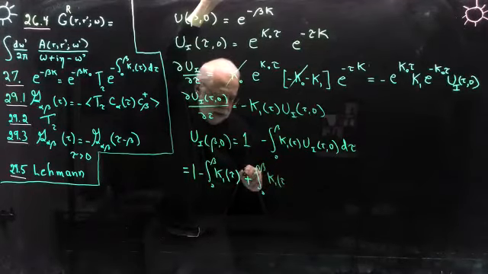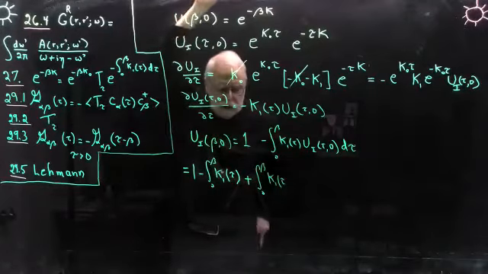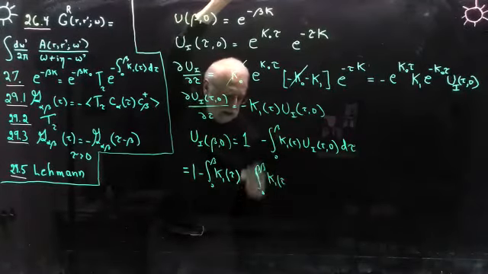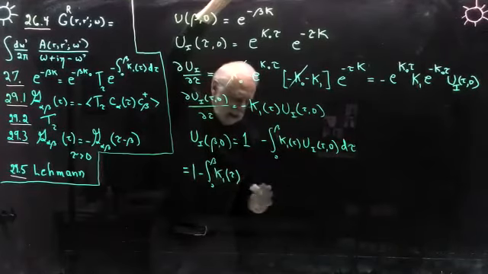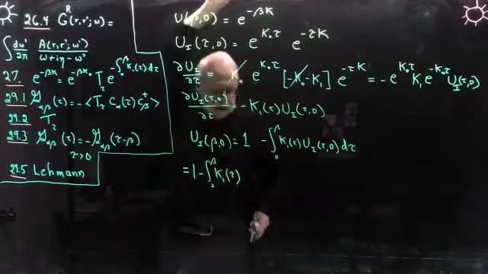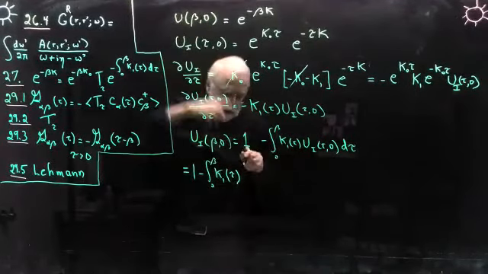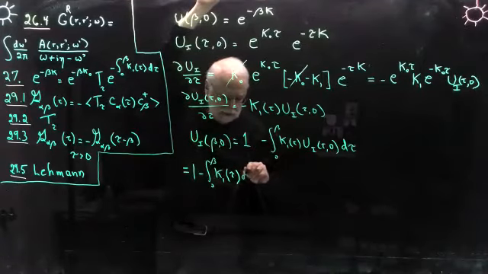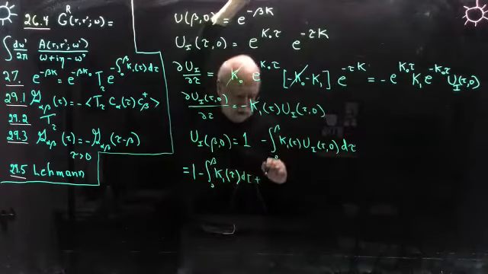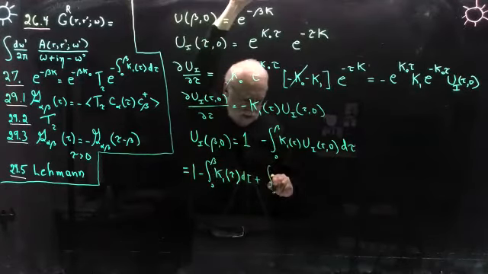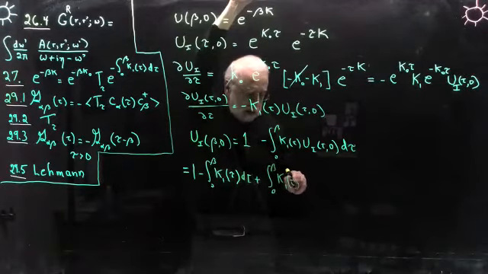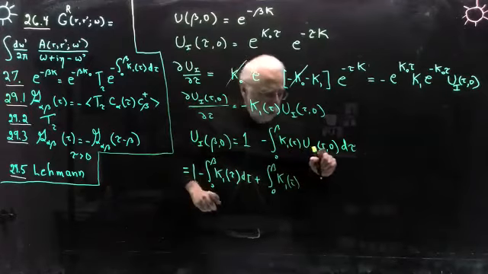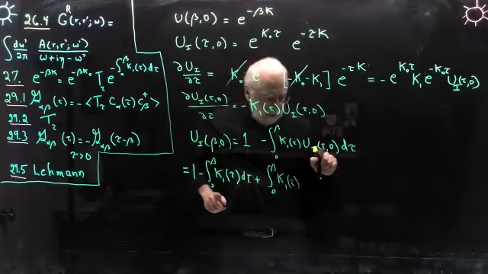I forgot d tau here, very important. So I have plus, because I have minus minus, the integral from 0 to beta of K1 of tau. And now I need to put UI of tau here.